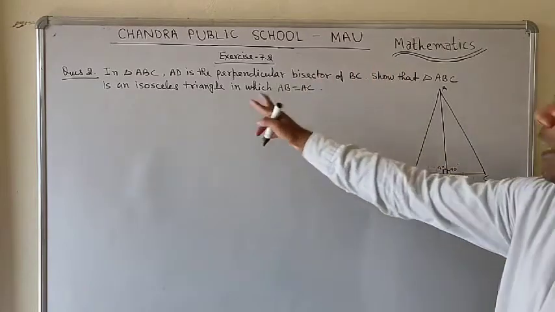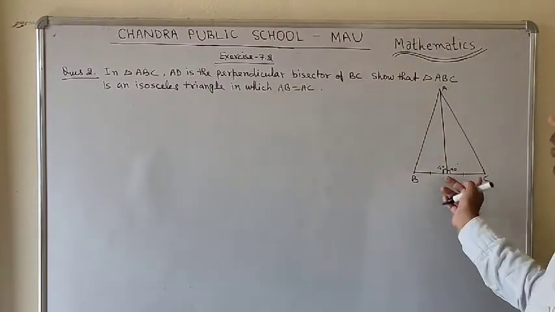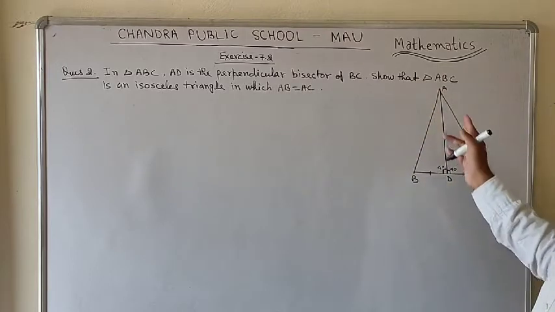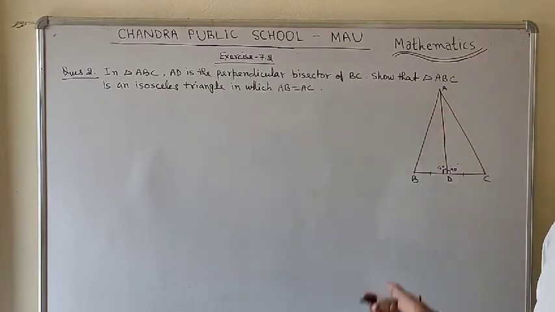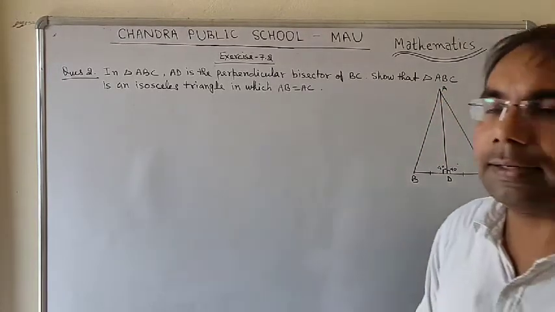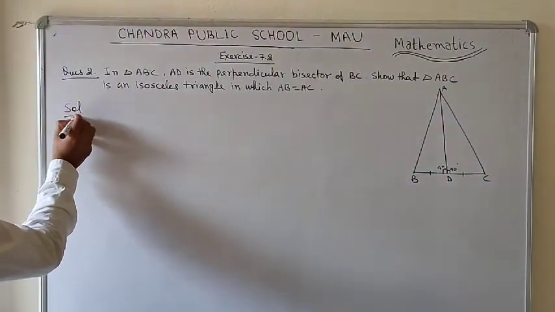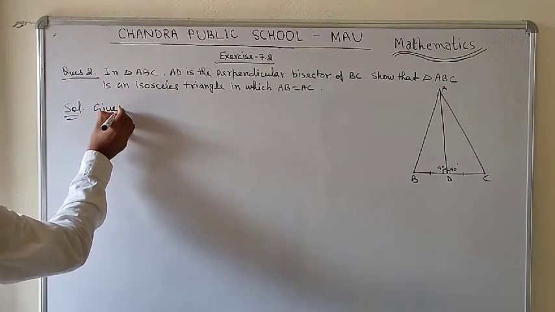Now you need to prove that ABC is an isosceles triangle in which AB equal to AC. If in triangle ABC you are able to prove that two sides are equal, then that triangle will be an isosceles triangle. So here I am going to give the proof. First you will start from the given.